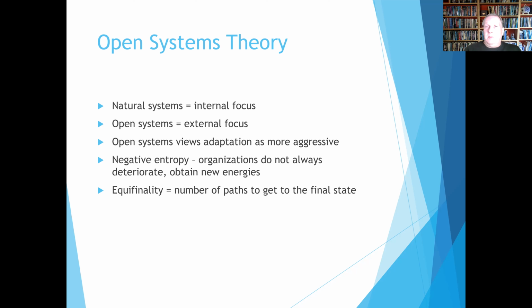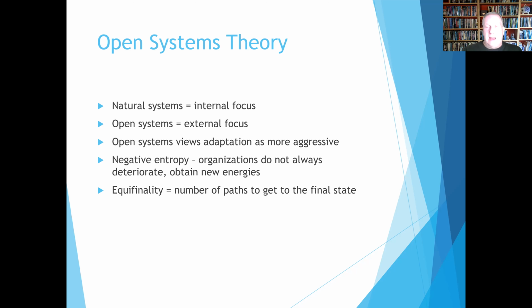Another big difference between open systems and closed system or natural systems theory is that when natural systems theory looked at organizations as living organisms, they made the argument that living organisms, as they age and as they mature, will dissipate energy out into their external environment.